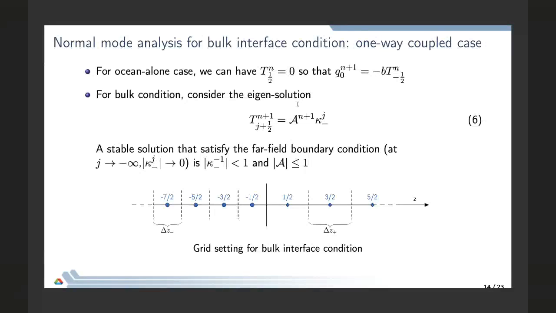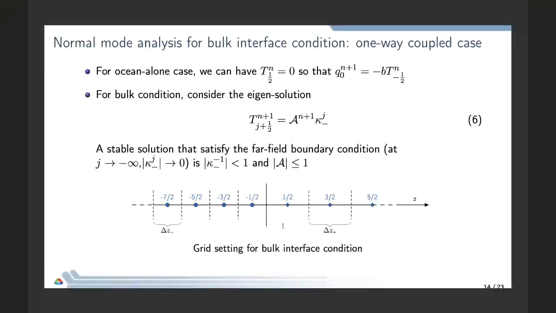Remember that the stability constraint will be the far-field boundary condition, which means that the kappa to the j term should go to 0 when j approaches infinity. At the same time, the absolute value of A should be smaller than 1.